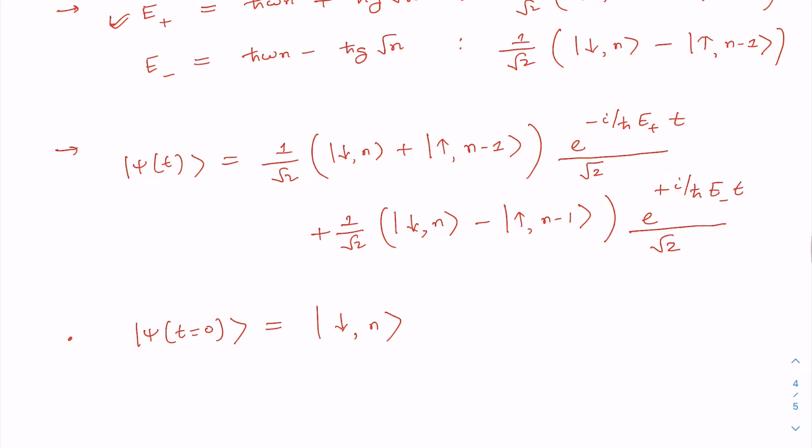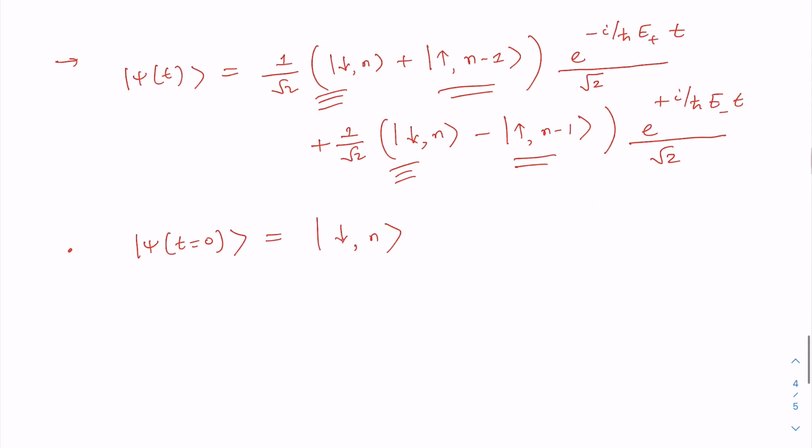So if you check it carefully, at time t equal to 0, you will see this term and this term get cancelled out, and then this term and this term add up, and you end up with the required state.